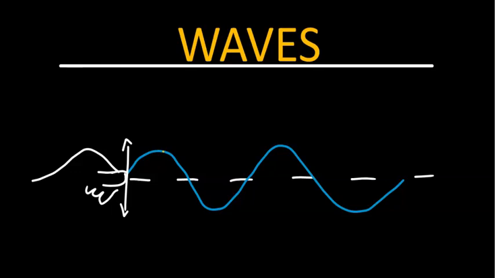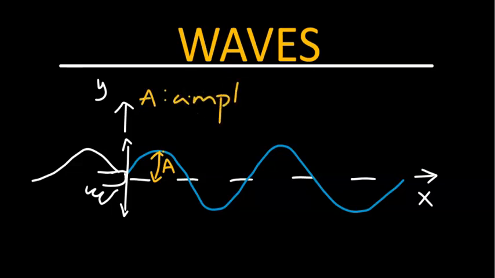Now we shall introduce some important parameters associated with waves. Let's assume the wave moves along the x-axis and the disturbance of the string is along the y-axis. That distance there is called the amplitude, A. A is the amplitude of the wave.